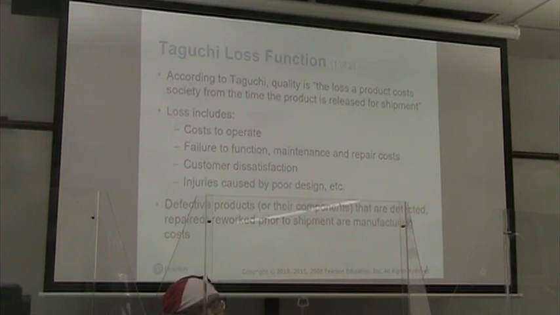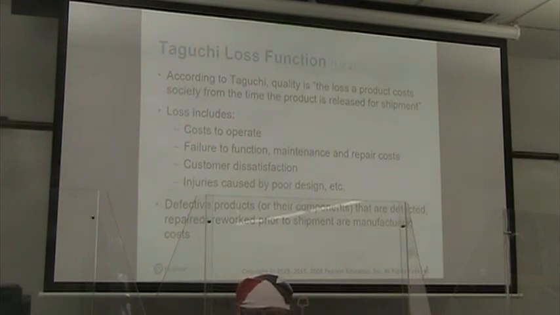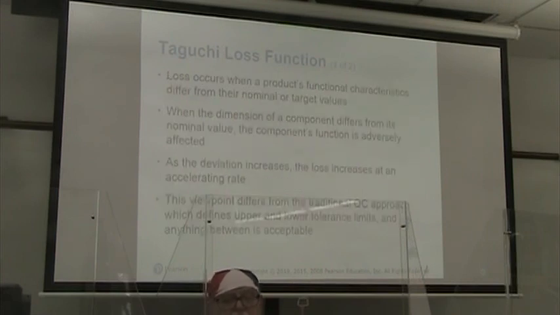So our loss includes the cost to operate, failure to function, maintenance and repair cost, customer dissatisfaction, and injuries caused by poor design. Defective products or their components that are detected, repaired, reworked prior to shipment are manufacturing costs. Okay, so there you have it.